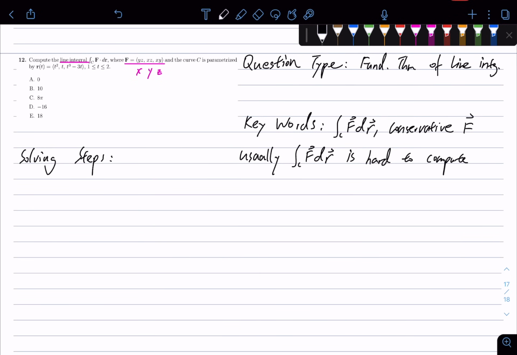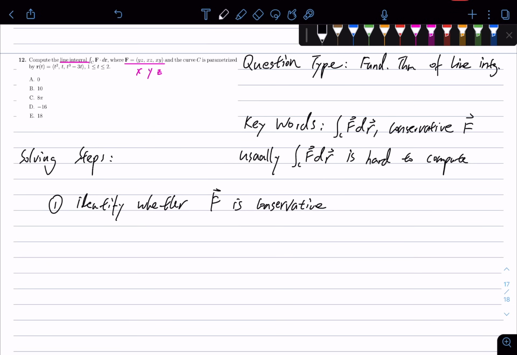So how are we going to solve this type of problem? The first step is you have to identify whether f is conservative. So it's wise to check every vector field in your exam for whether it's conservative or not, but it's really time consuming to do so.